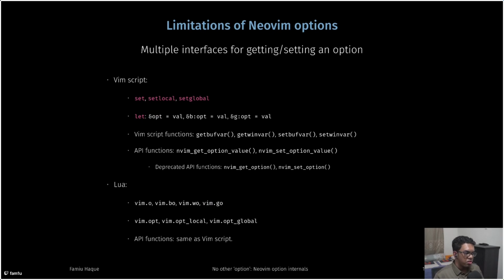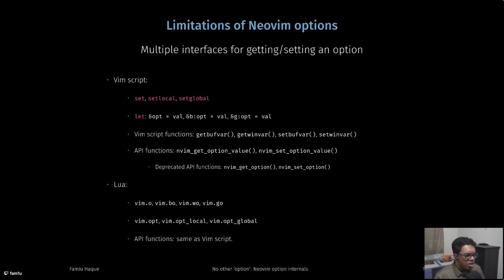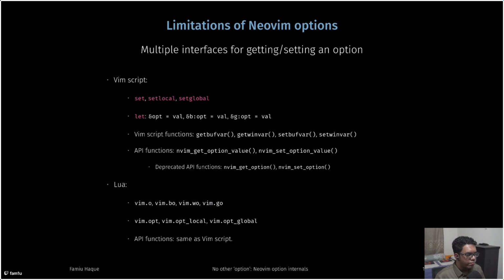You can also do it using :let. So :let &opt = val sets, once again like :set, the global and local value. :let &l:opt sets the local value, and :let &g:opt sets the global value.